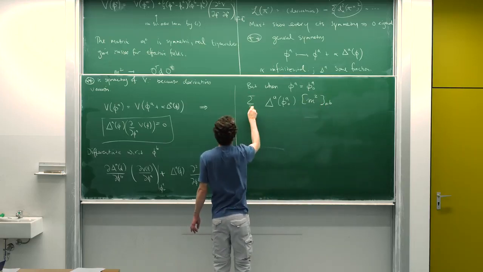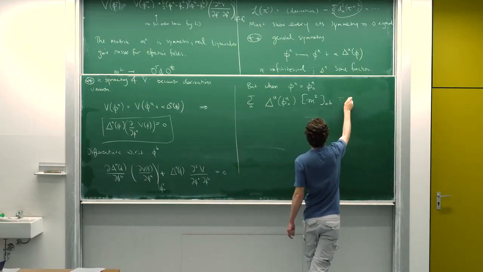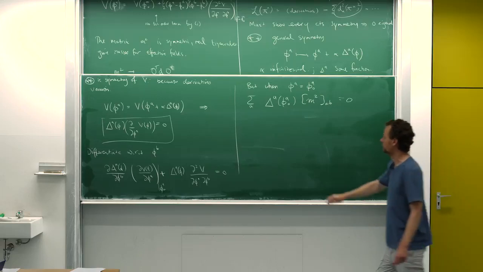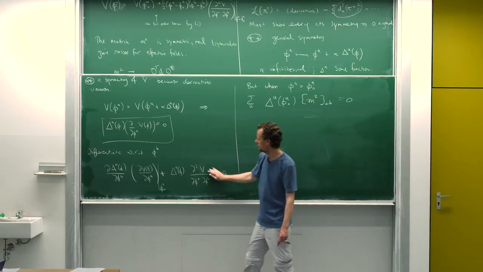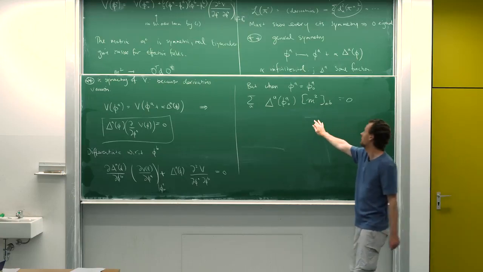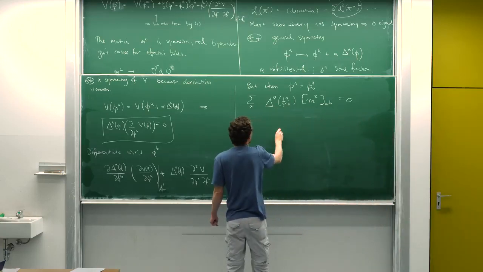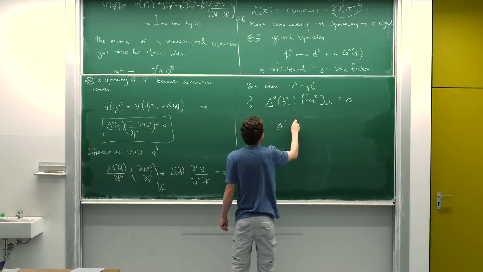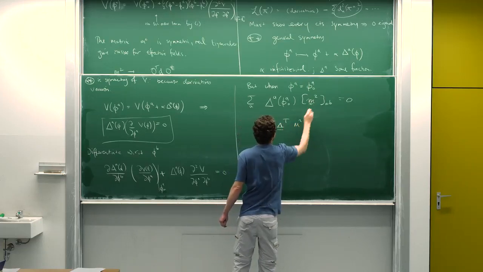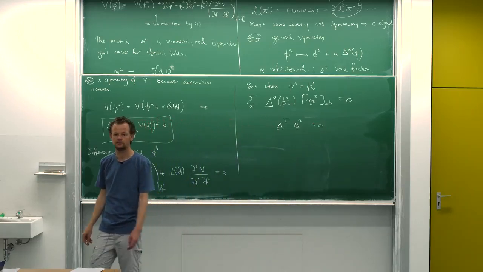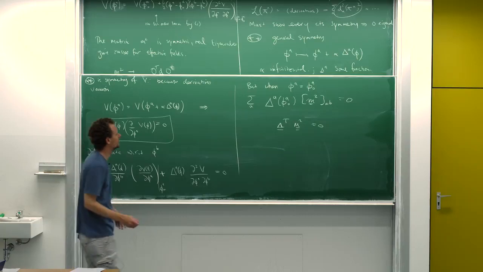I'll put the summation back in. So when you evaluate this matrix here at phi a naught, you get this mass matrix M squared. But let's write this in matrix form. This is like some vector transposed times a matrix equals 0. It's a real symmetric matrix M squared.